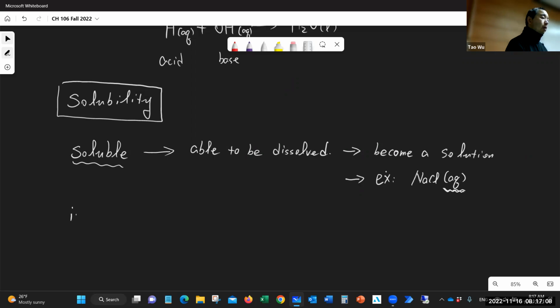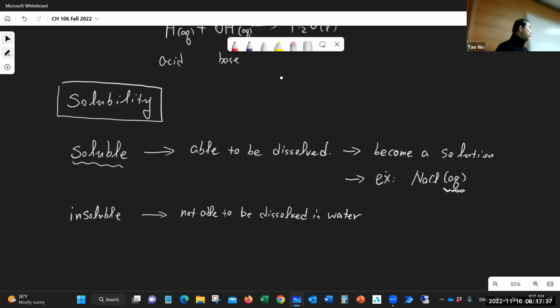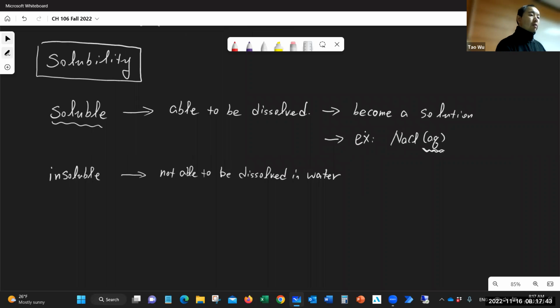Compared to soluble, there's another term called insoluble. Insoluble means it's not able to be dissolved in water. If it is not able to dissolve in water, then when the two reactants are put together, they are going to become a precipitate, because they can't dissolve in the water, so they have to come out of the water.